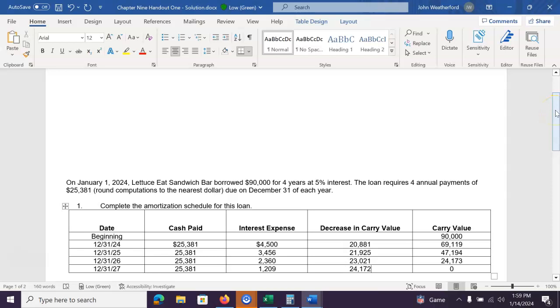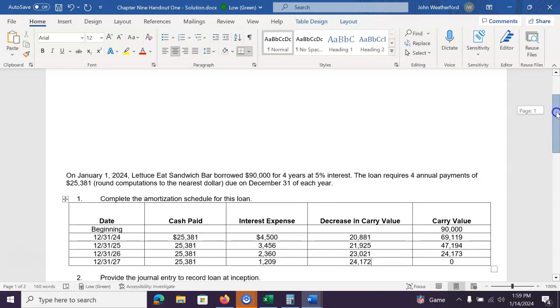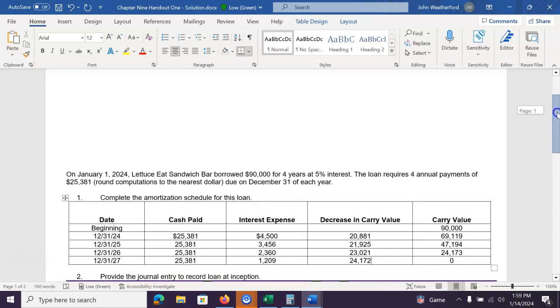And you guys, you can use this type of thing on the month-to-month to calculate a mortgage payment or a car loan payment, that kind of thing. All right, so now let's do the journal entry. You had to know what journal entry was coming. So let's do the journal entry to record the loan at its inception, or the day the loan was taken out.